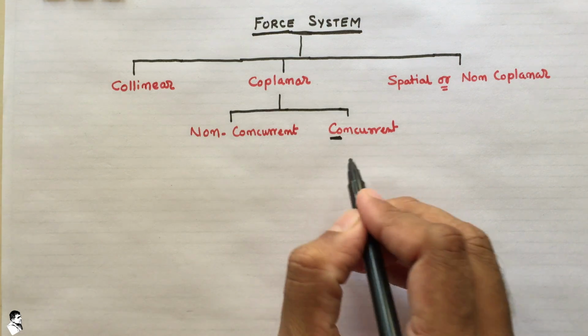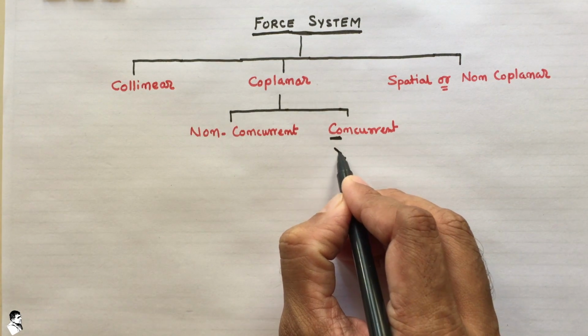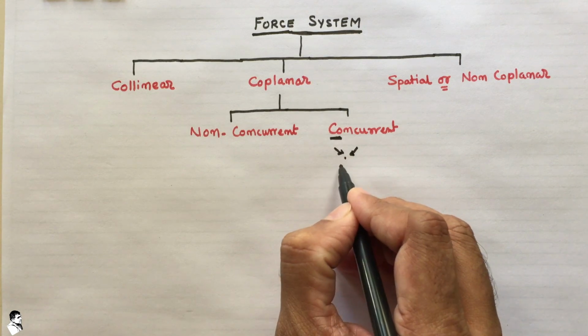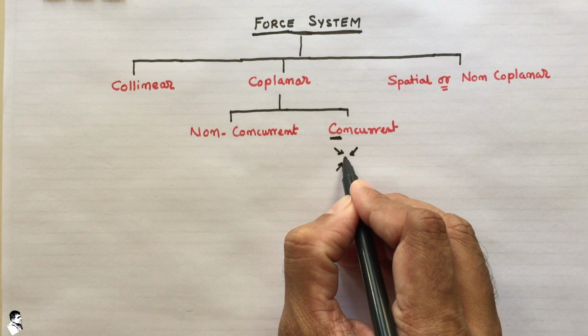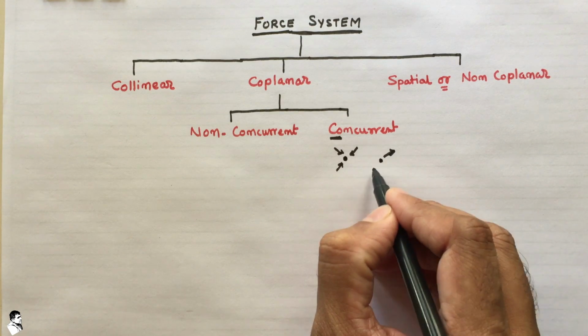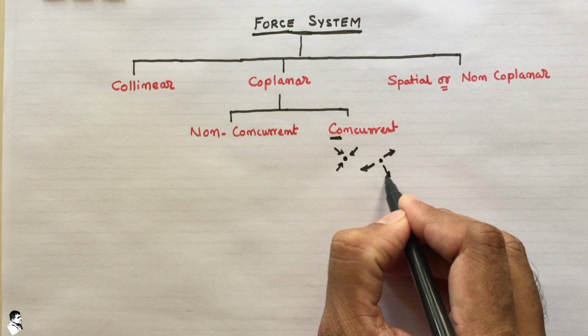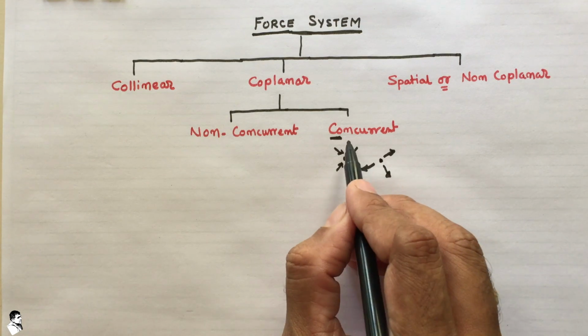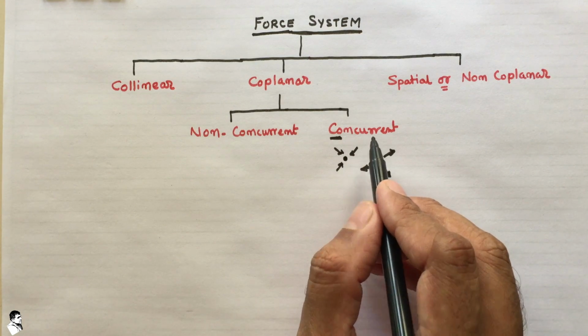Likewise, if this is a point and all the forces available on the body are meeting at a single point, or maybe propagating from a single point, this type of forces are known as concurrent forces.